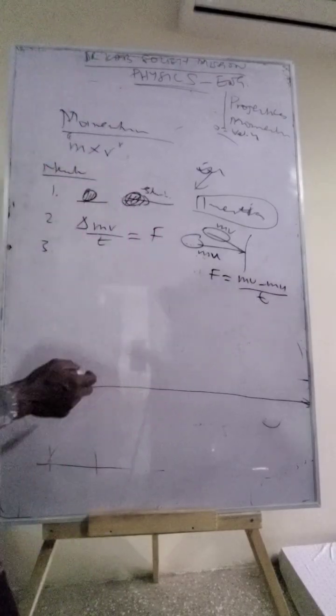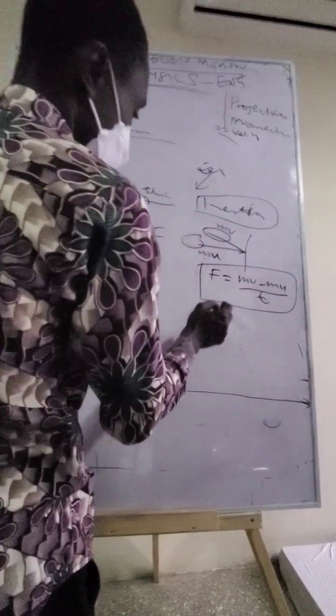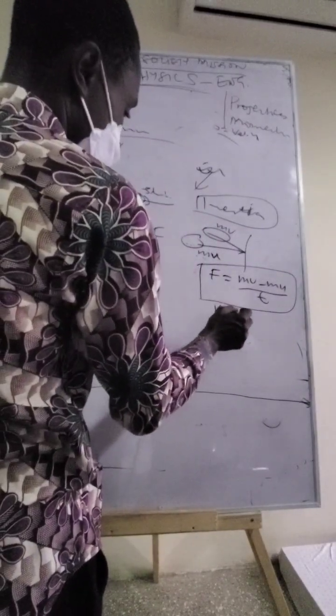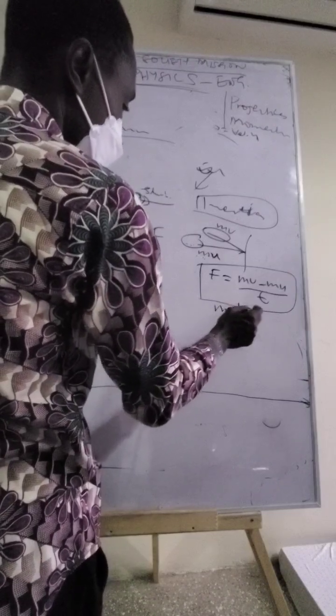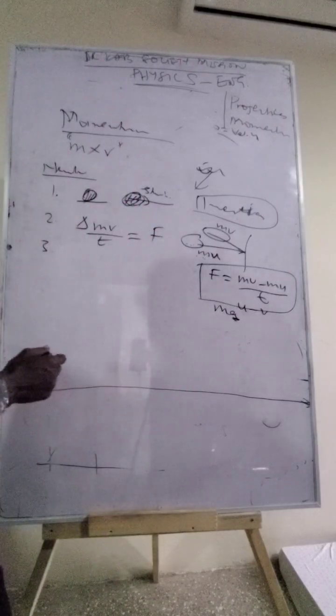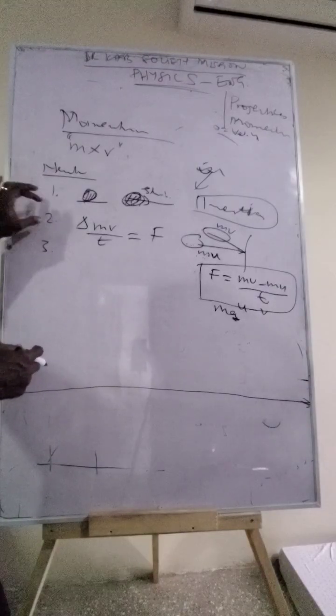So the rate of change in momentum is what the second law defines. And you know force is also equal to mass times acceleration. Acceleration is there because it is acceleration which is going to change u to v. So I'm looking at the mathematical sense of Newton's second law.